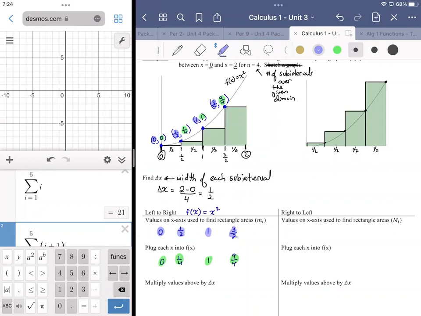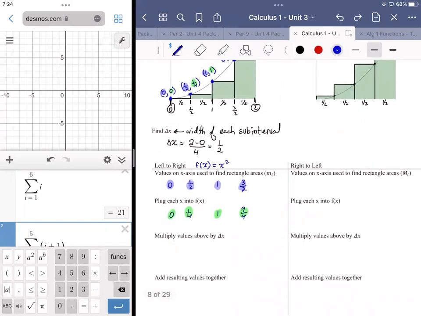But it really comes down to the idea that I want to find 2 dimensions to multiply. I would need a base, which I already have, because the base in each case is 1/2. The heights are unknown. I need this height, this height, this height, and this height, and they're all associated with whatever y is at each one of those corresponding values of x.